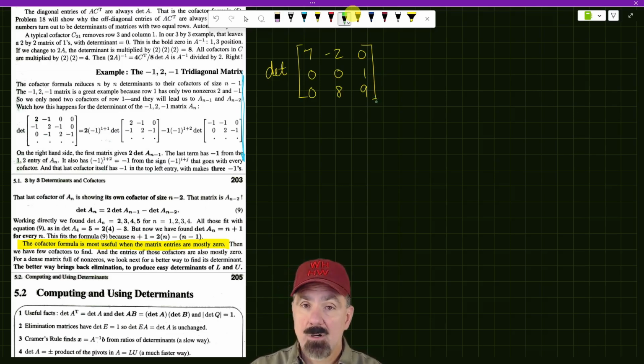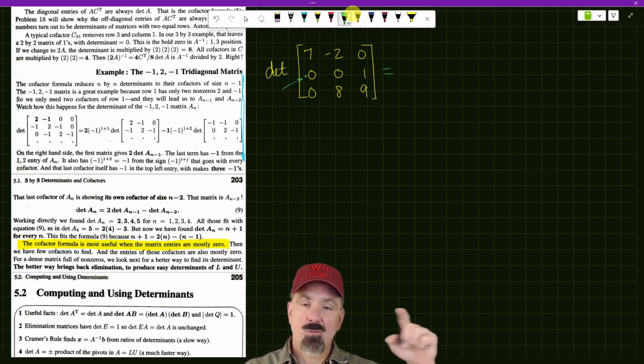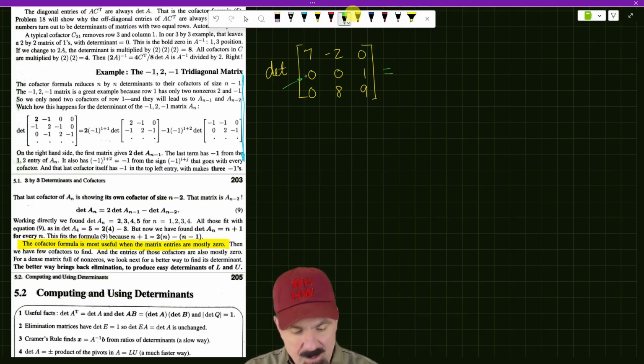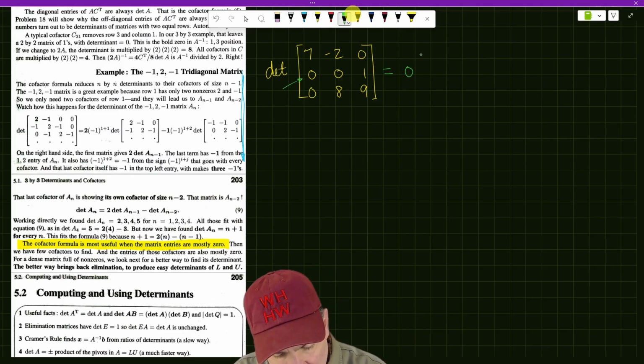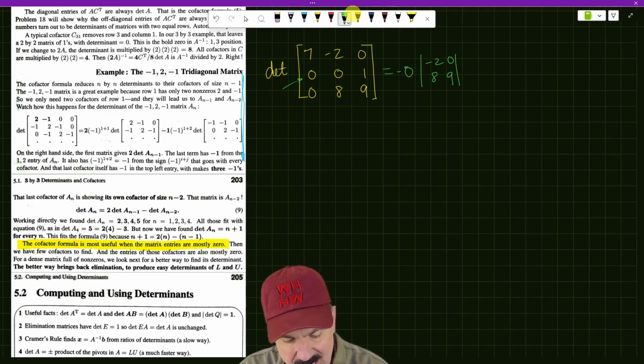Well, if we're clever, we can actually make a really good decision here. What we want to do is expand this matrix along the second row because it's full of zeros. It's 0 multiplied by some determinant, in this case negative 2089, although I don't really care because that's going to be equal to 0, and it's actually a negative 0.